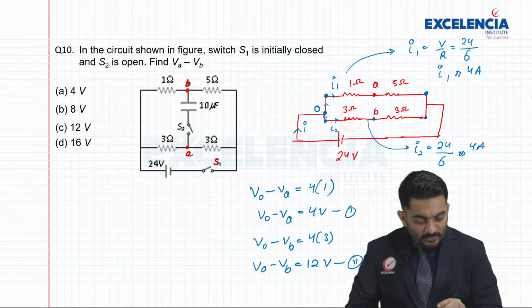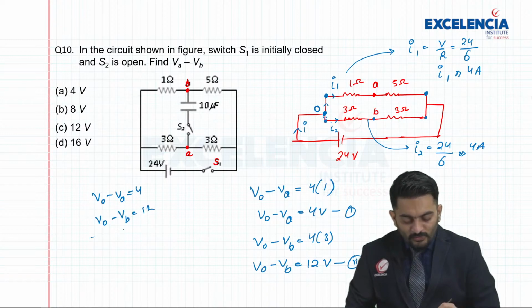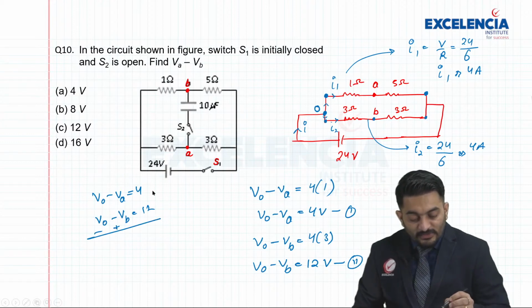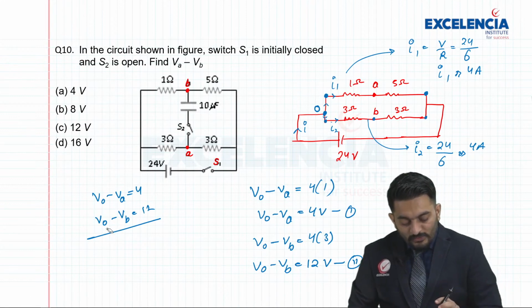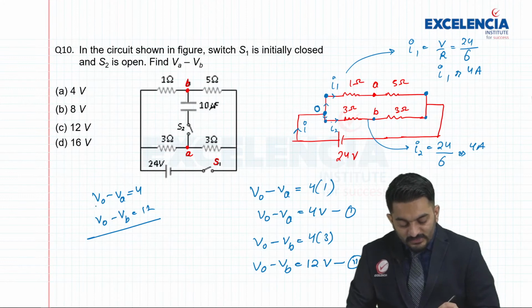If you look at the two equations, VO minus VA equal to 4 volt and VO minus VB equal to 12 volt, you can subtract them, because you need to get VA minus VB. Let's change the sign of the first equation, so I'm changing the sign for this.